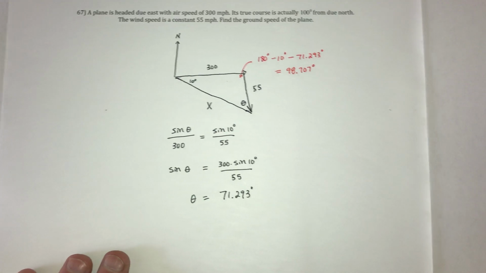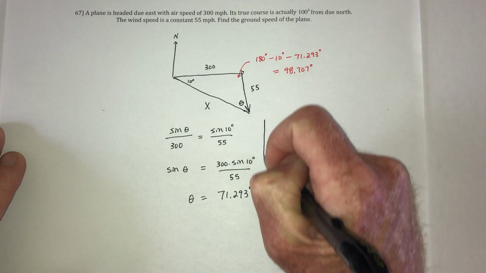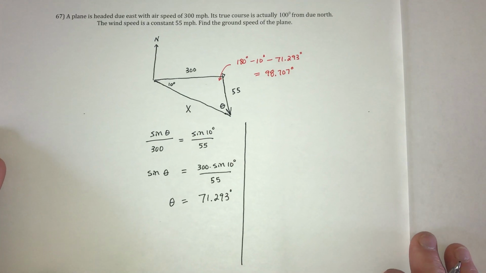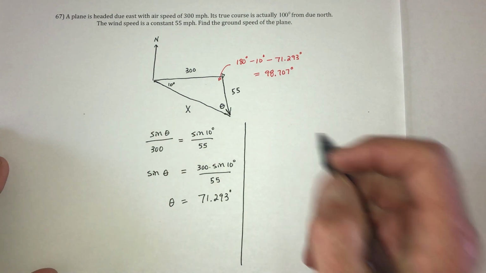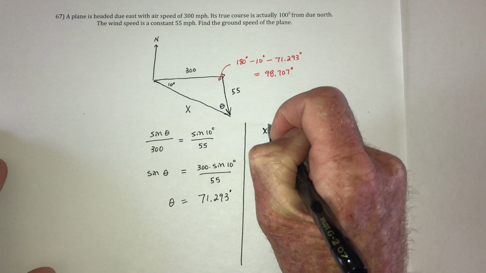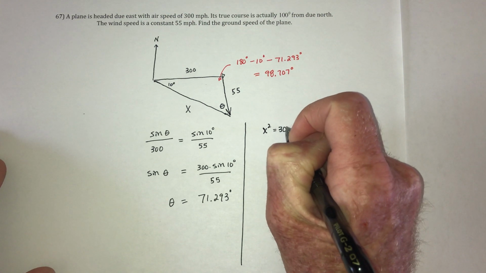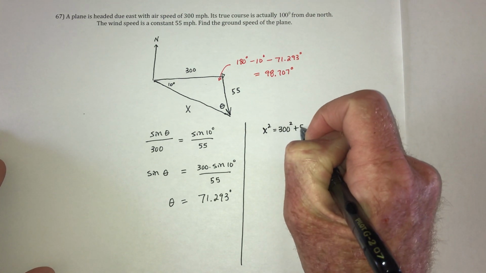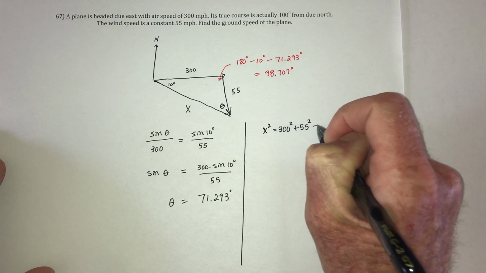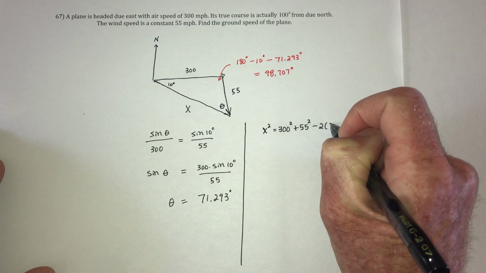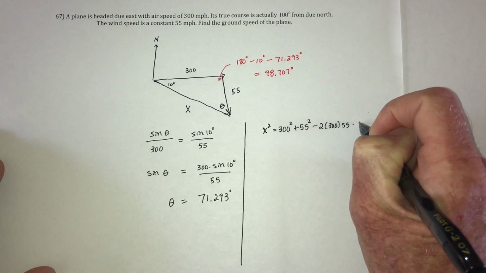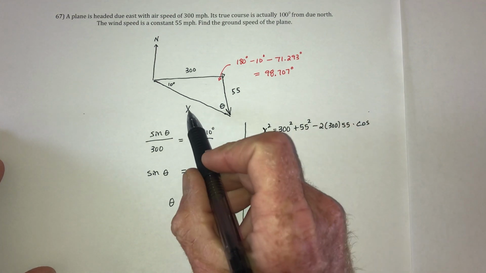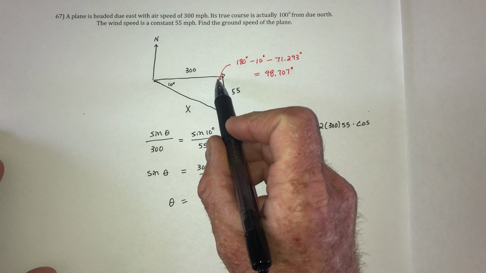Okay, now we've done the hard part. Now the last part is use the law of cosines. So that would say x squared equals 300 squared plus 55 squared minus 2 times the 300 and the 55. And then we need cosine, and it has to be the angle across from x.